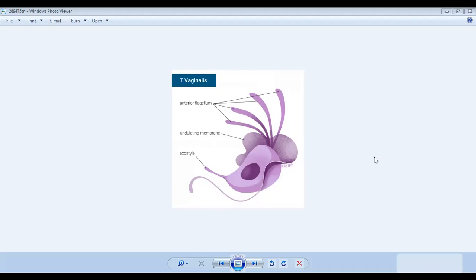Trichomonas is a motile organism, and this motility can be used in the diagnosis with dark ground microscope. Also, Trichomonas can be cultured, or a smear can be taken and stained with Papanicolaou stain. The name of the stain is not important.